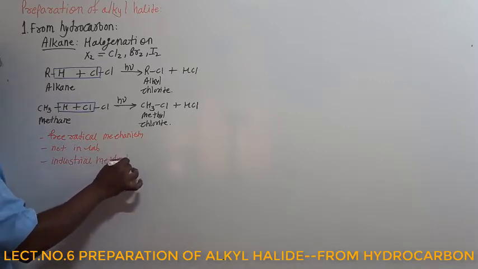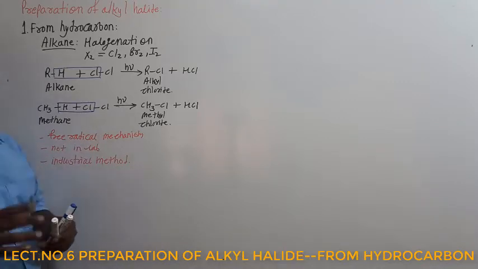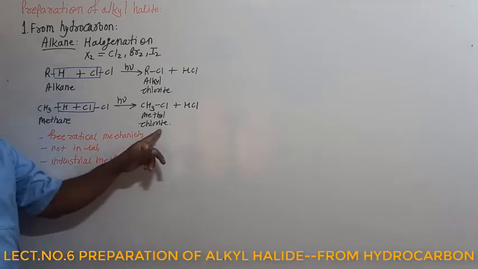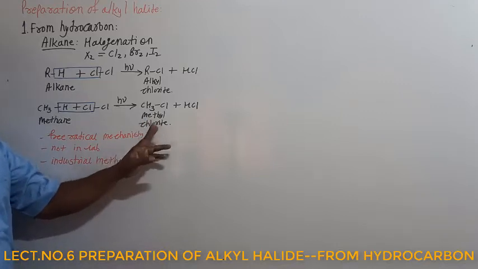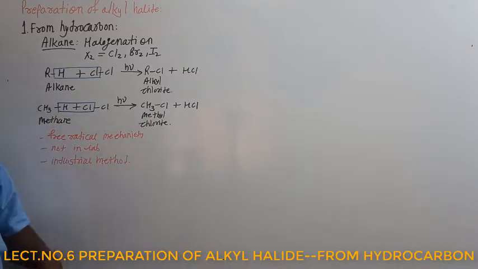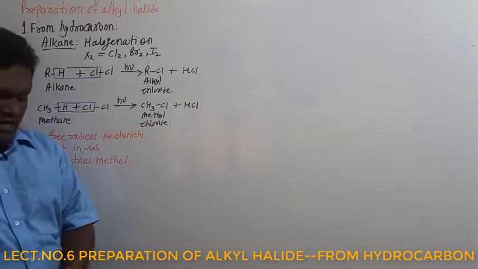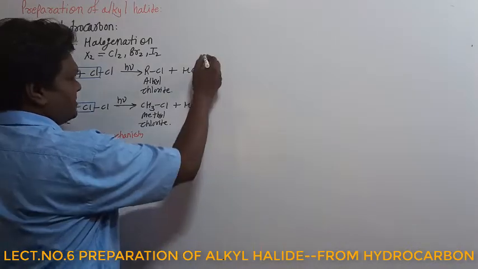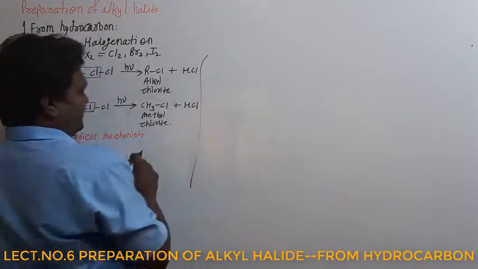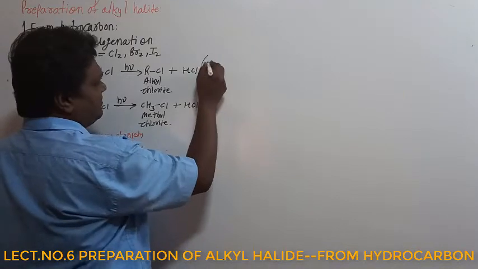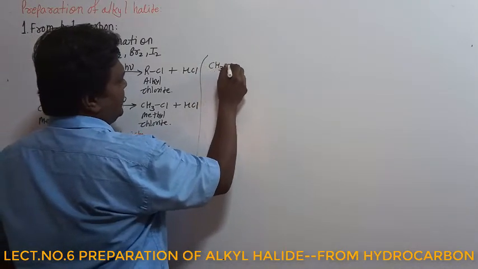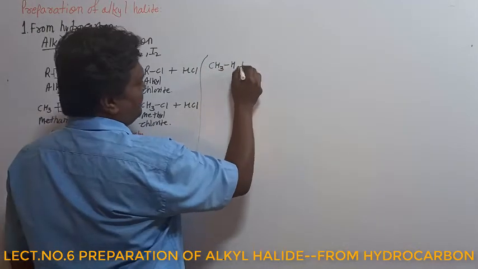Now, why is this an industrial method? What happens actually is this: the reaction never stops at methyl chloride. This methyl chloride is again going to react with what? Chlorine atom. So, if you see a continued reaction, it will look like this. CH3-H, methane, reacts with the chlorine.